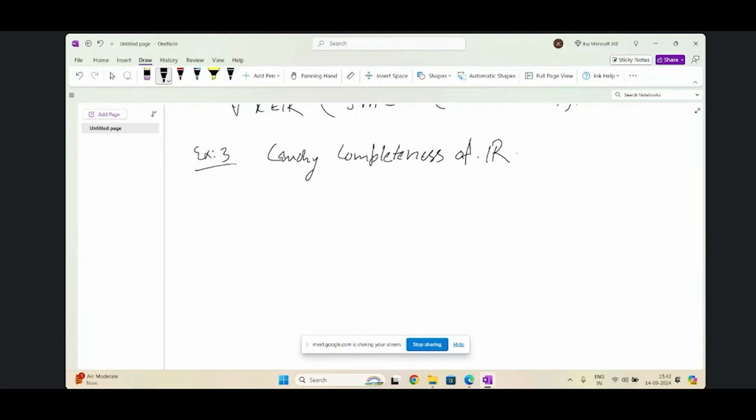I think basically you are telling the definition of a Cauchy sequence in R, right? Yes. And Cauchy completeness says each and every Cauchy sequence is convergent, where the sequences are in a subset of real numbers.